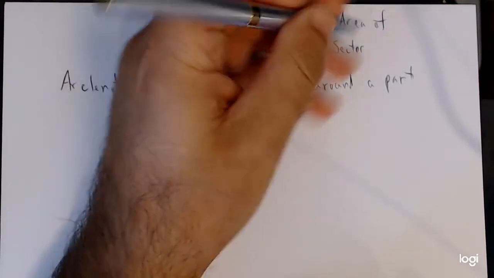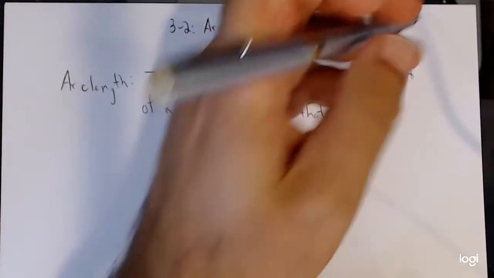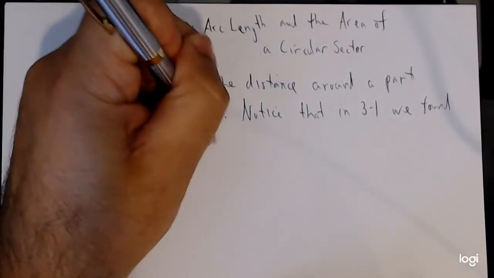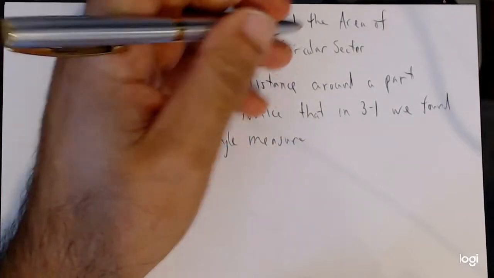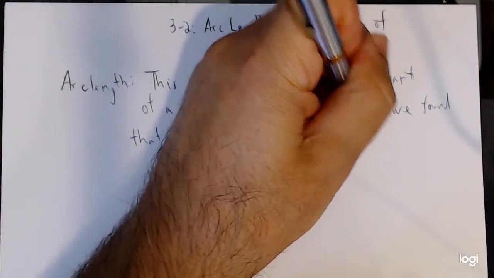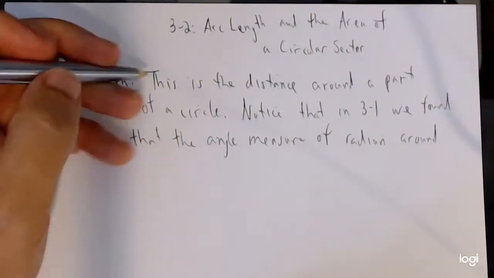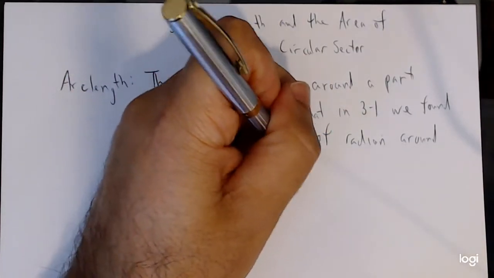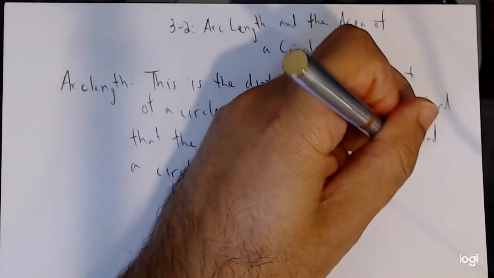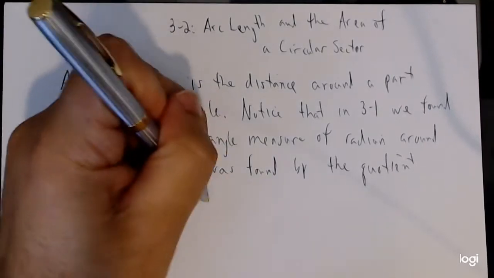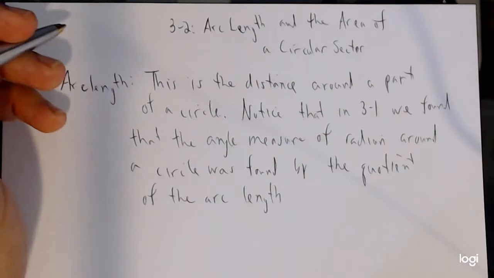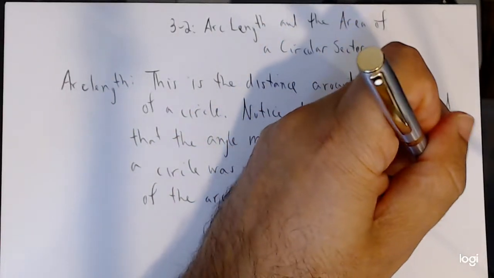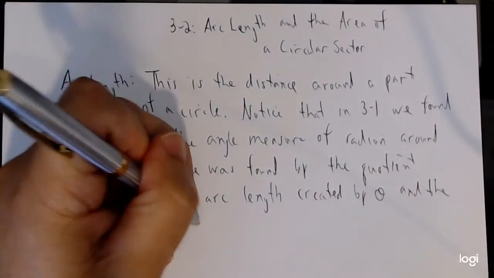Notice that in 3-1 we found that the angle measure in radians around a circle was found by the quotient of the arc length created by theta and the radius of the circle.